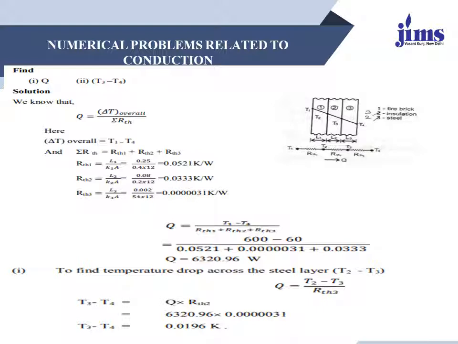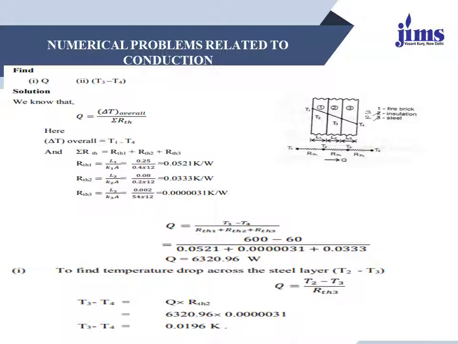Let us assume the temperature between walls 1 and 2 is T2, and the temperature between walls 2 and 3 is T3. These are the unknown values, but in this problem T1 and T4 are given. T1 is the high temperature and T4 is the lower temperature of this system.